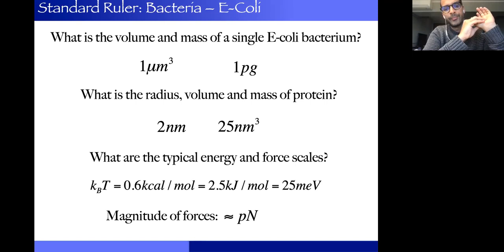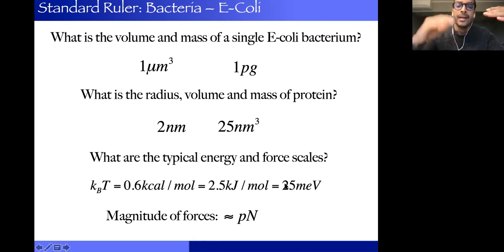And finally, what are the energy scales, or the magnitude of the forces that we're looking at? Well, you've got kBT, that's fixed by the temperature, so thermal energy.